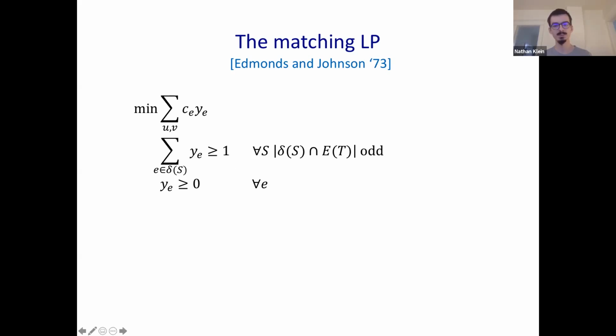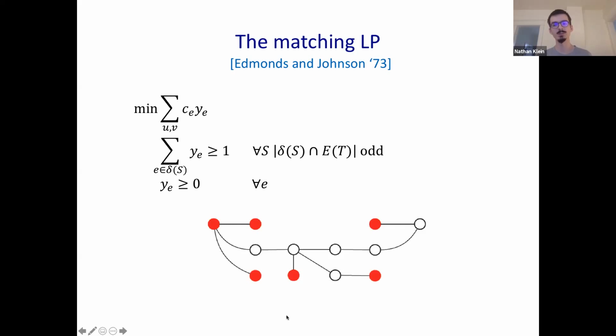So here's the LP, and here's an example tree we might want to augment with a matching. And here the odd degree vertices are marked in red. So clearly you want to minimize the cost, and your variables are non-negative. So let's make sense of this second constraint. Basically, if you select a set whose cut has an odd number of edges in the tree, then by degree sum arguments, the number of odd vertices in that cut must be odd.